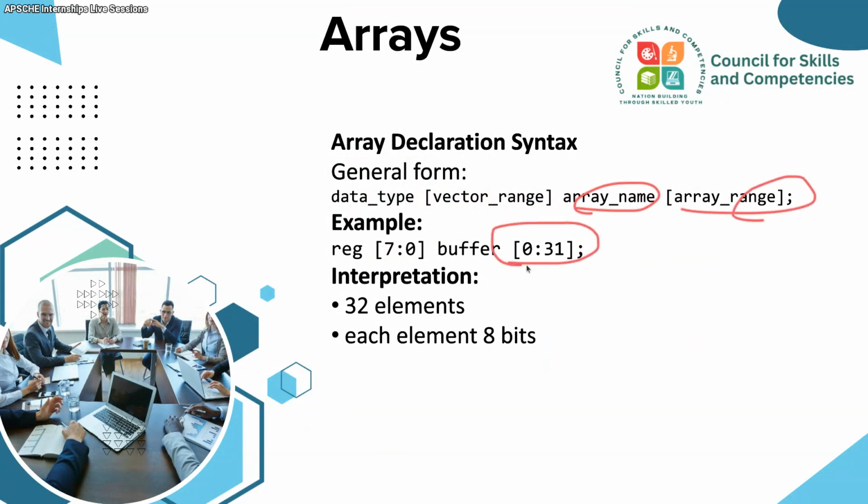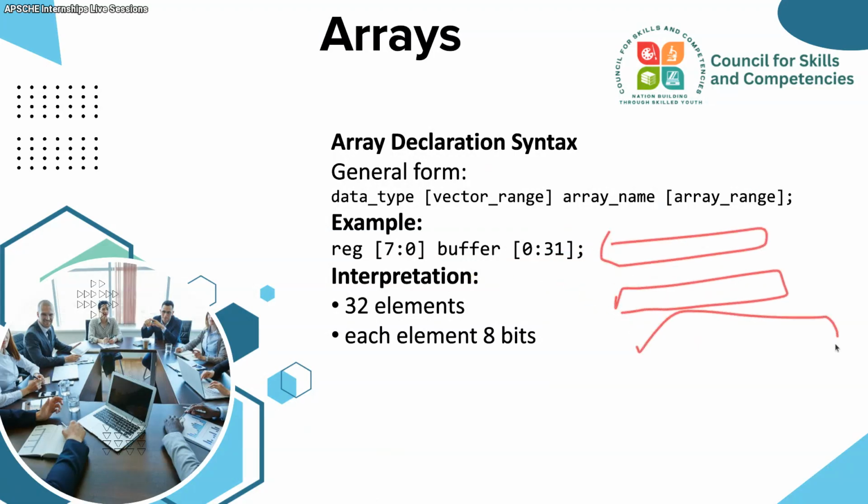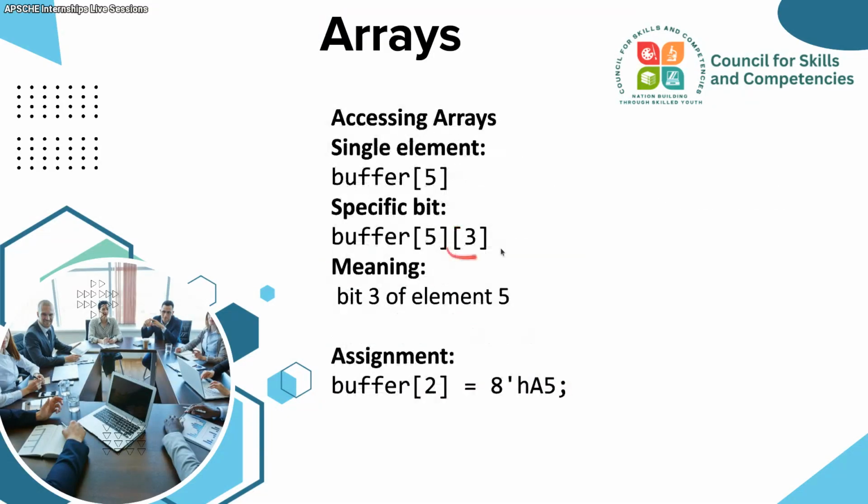So it has 32 buffers, and each buffer has 8 bits. The b of 0 has 8 bits, b of 1 has 8 bits, b of 2 has 8 bits. This is the difference between the vector and the array.